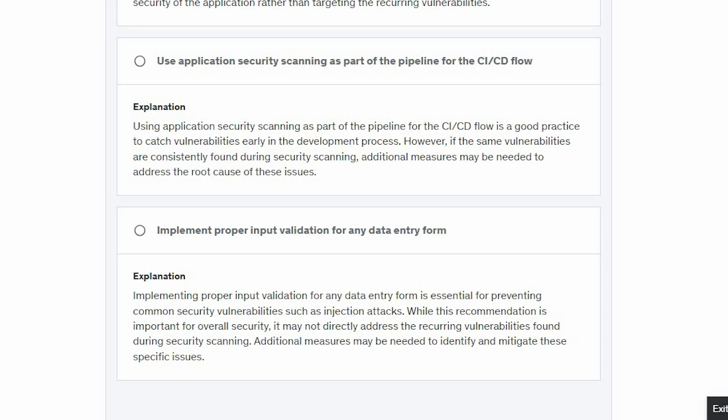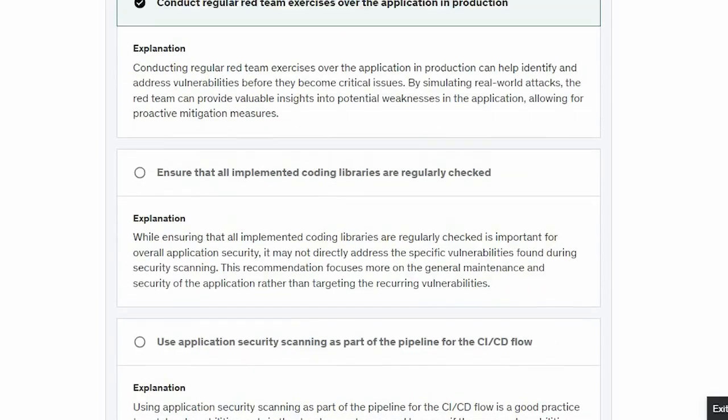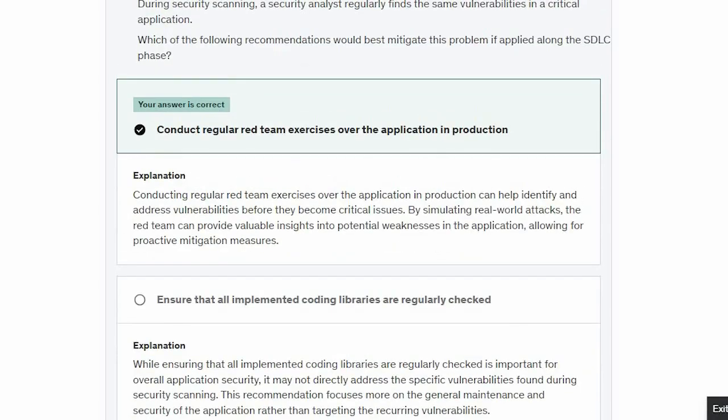Additional measures may be needed to identify and mitigate this specific issue. So it is not the correct answer for this scenario. The only correct answer is to conduct regular red team exercises over the application in production.